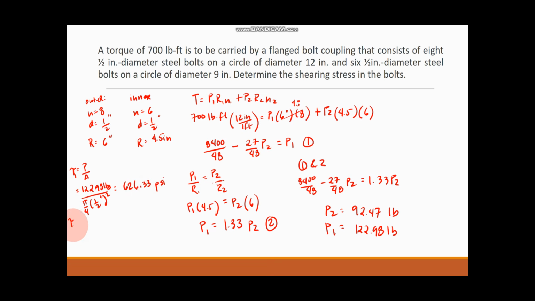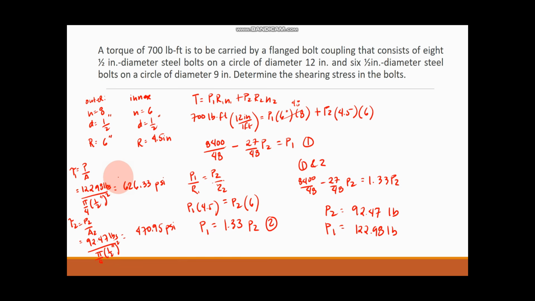And for our shear 2, P2 all over A2. So yung P2 natin is 92.47 pounds divided by the area, which is pi all over 4 of 1/2 squared. So it is equal to 470.95 PSI.